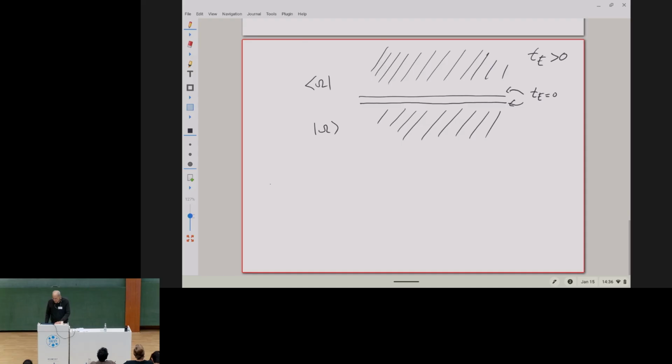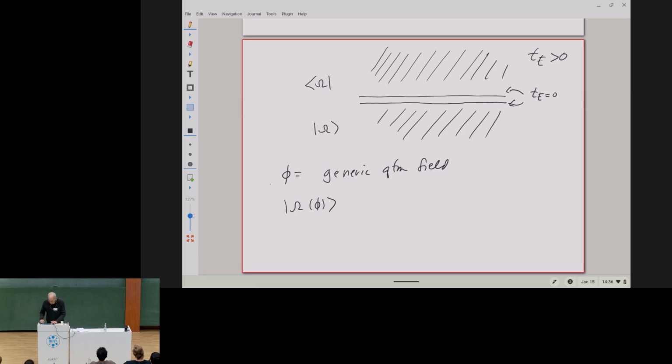Now, in more detail, the vacuum state is a functional of some quantum fields. For simplicity, I'll just write phi for a generic quantum field. So the vacuum state we think of as a function of phi, on the initial value surface.